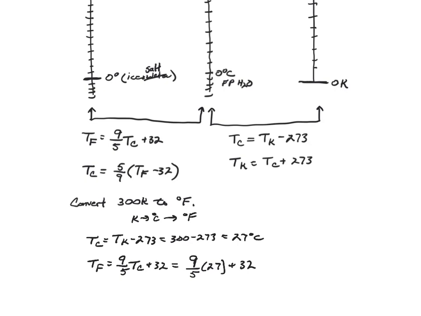So what we're going to do is do this in a calculator. 9 times 27 is 243 divided by 5 gives us 48.6 plus 32. That's 80.6 degrees Fahrenheit.